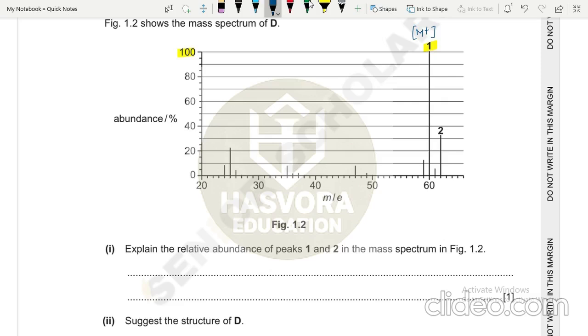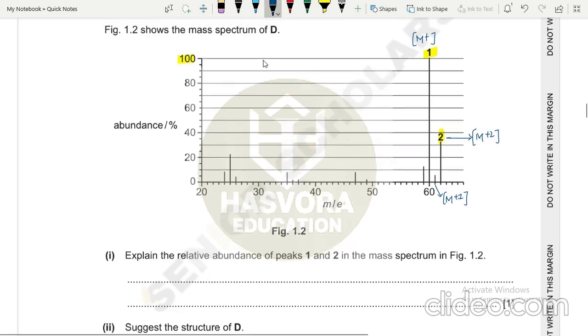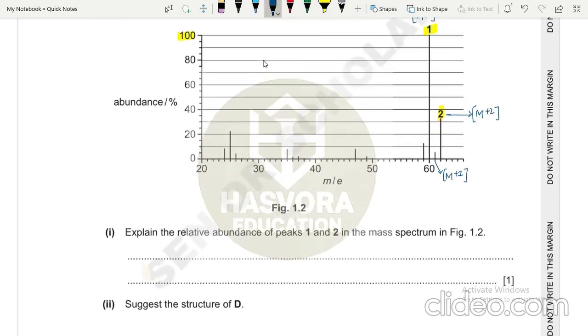Then at the second peak we can have a look that this one will be the molecular ion plus 1 peak, and this second peak which they are talking about, this one, this will be the molecular ion plus 2 peak. And we know that the molecular ion plus 2 peak only exists when there are atoms of halogen in a compound. So we know that the chlorine is present in this.